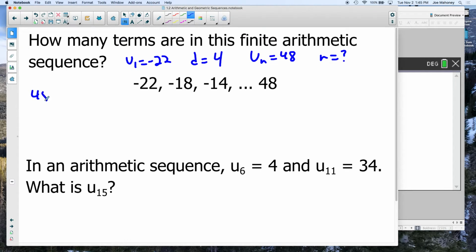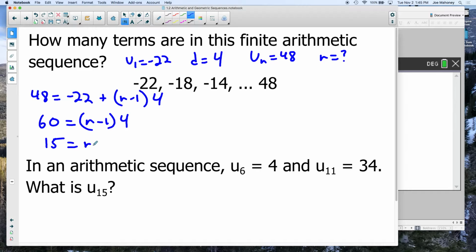I'm going to write 48 equals negative 22 plus n minus 1 times 4. Now I just have to solve this equation. So if I add the 22 to the other side, I'm going to get 60. Let's divide both sides by 4. So in this sequence, there are 16 total terms.